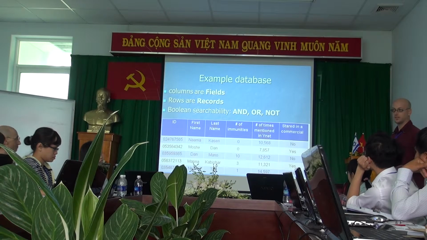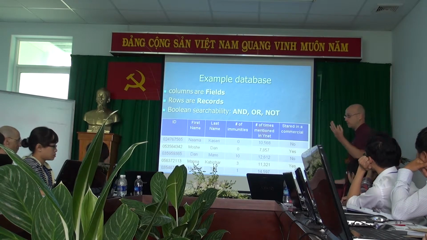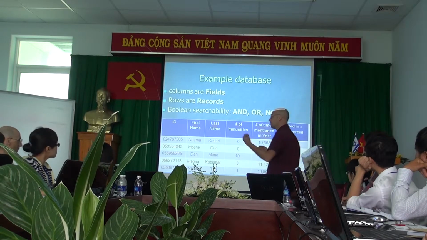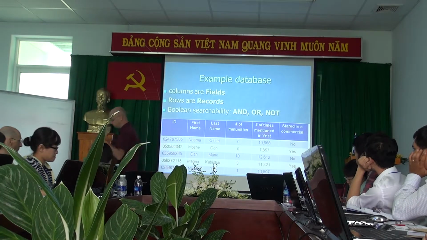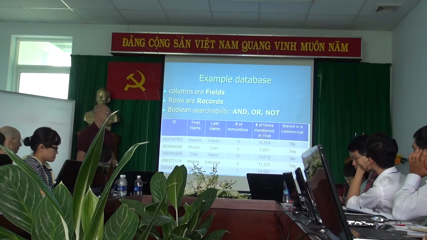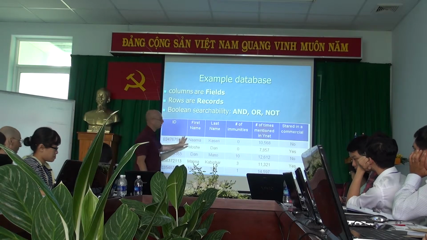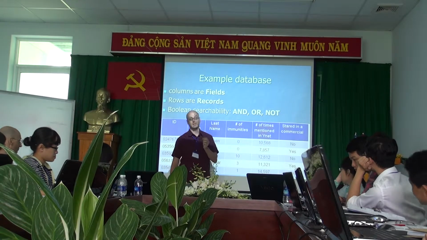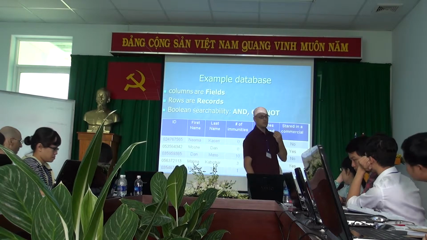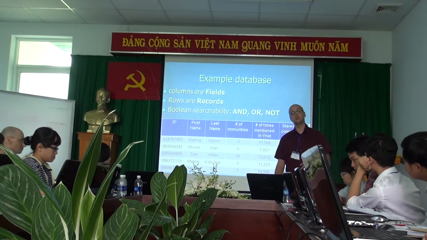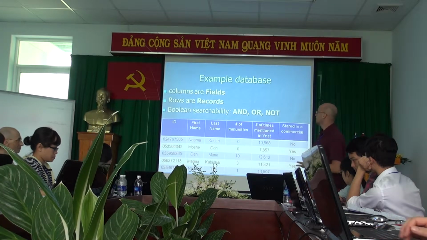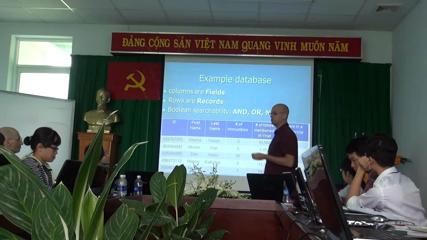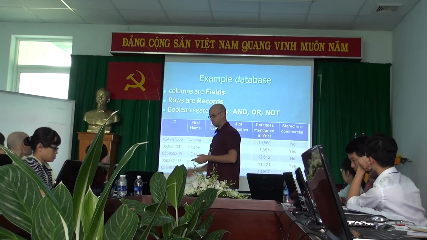How many? 3 people. Very easy. If data is organized, it's very easy to search and to make conclusions from it. But this is a very small database. In biology, in bioinformatics, we usually deal with databases much larger than that. And for that, we need computer searches.